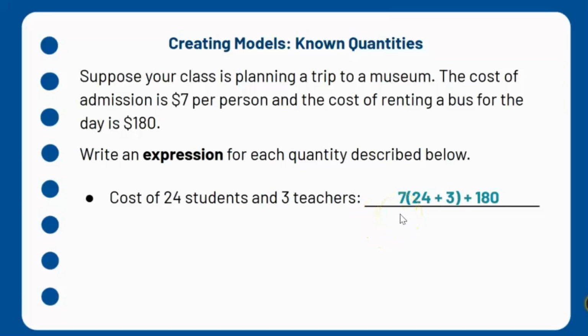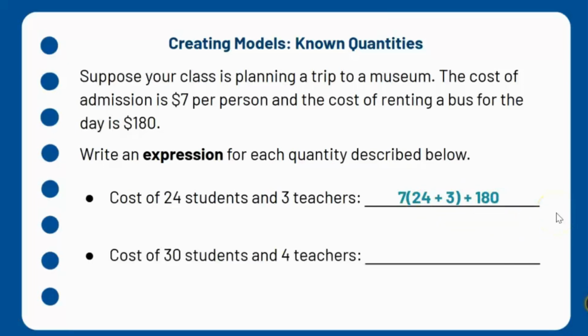Therefore, we can find the sum of teachers and students attending the trip and multiply the sum of this number by 7 to find the total cost of admission. The cost of renting a bus is $180 and is a fixed quantity. We can add this to the total cost of the admission to find the total cost of the trip. Therefore, the expression 7 times (24 plus 3) plus 180 represents the total cost of the trip.